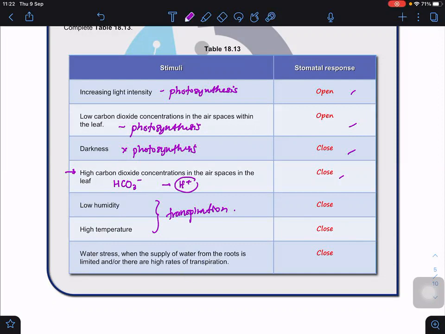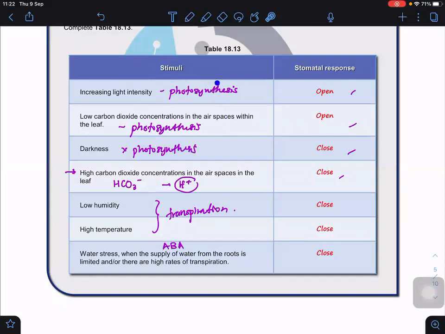Therefore, hormones are involved, which we call ABA hormones. These ABA hormones cause the closure of the stomata. So for the most part, we are able to analyze them by relating them to photosynthesis or transpiration.